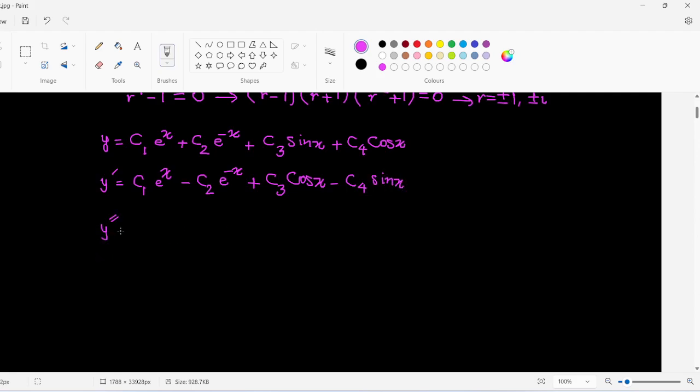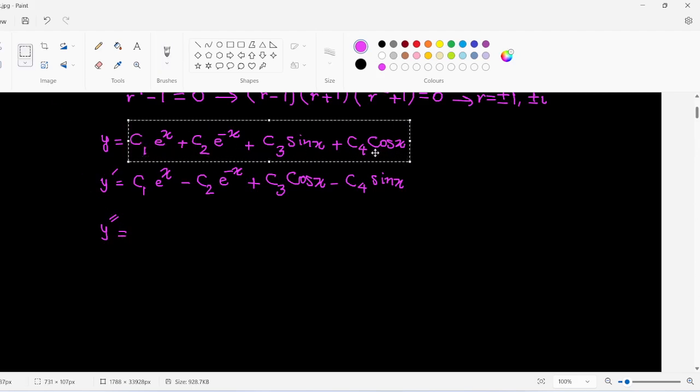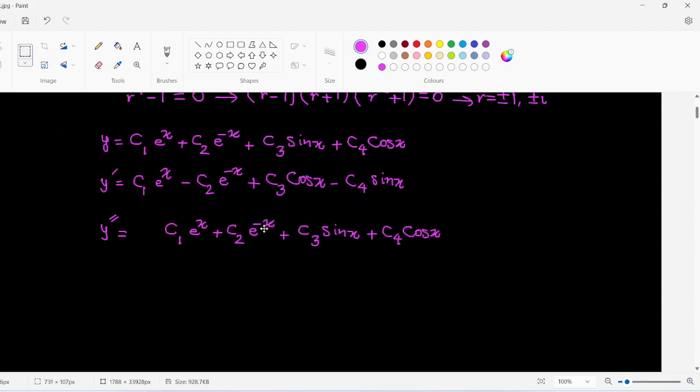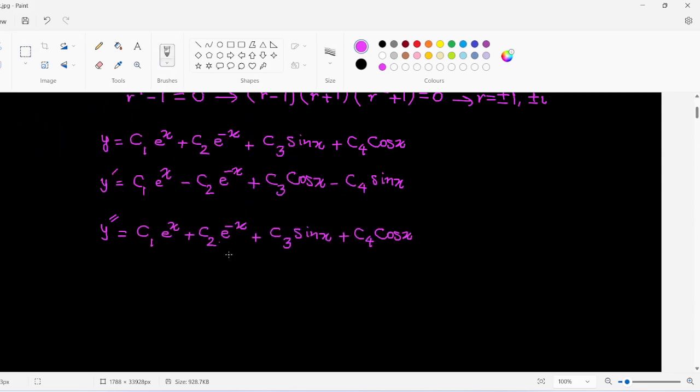The second derivative is, if I copy and paste this and do the proper modifications for y double prime, we get c1 e to the x plus c2 e to the negative x minus c3 sine of x minus c4 cosine of x.